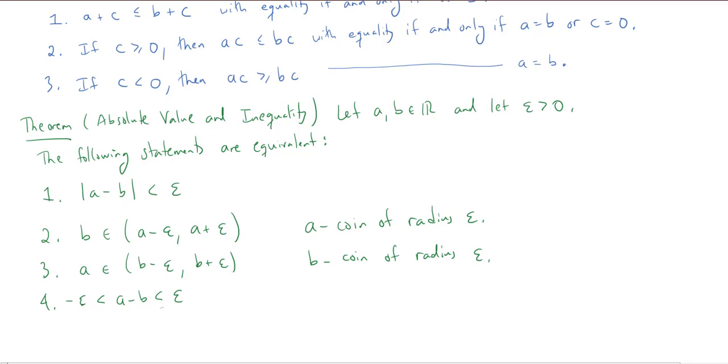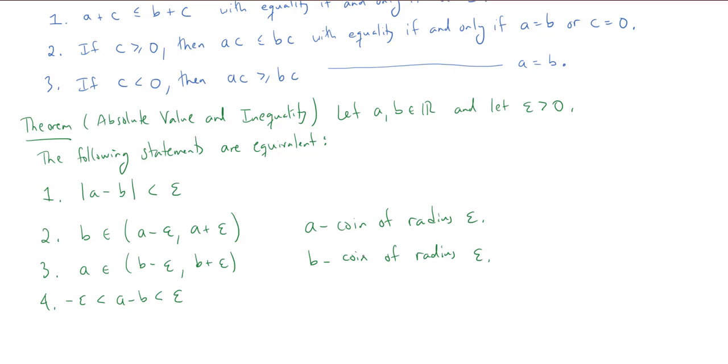Especially if you're going to teach high school, that's probably how they're going to want you to explain it. I'm not sure they really are interested in you talking about A coins of radius epsilon. But in any case, all of these are going to come down to looking at your definitions.